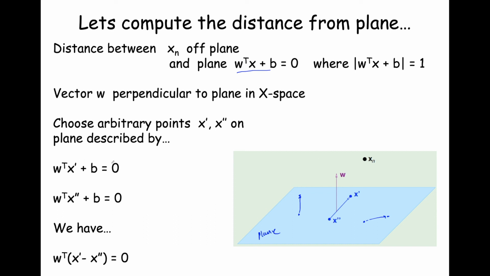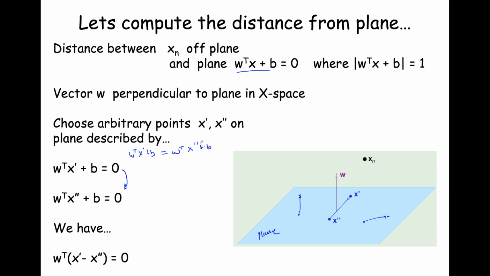So because they both equal 0, we can equate these 2 expressions. And if we equate these 2 expressions together, we get W transpose x prime plus B is equal to W transpose x double prime plus B. Okay, because 0 equals 0, we can equate these 2 together.